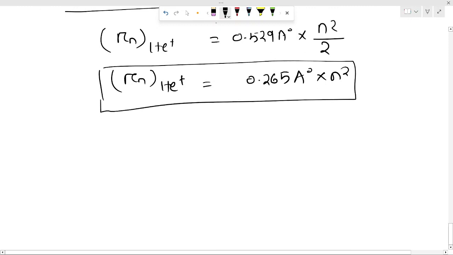And you can also calculate for the first orbit, second orbit, and other orbits.